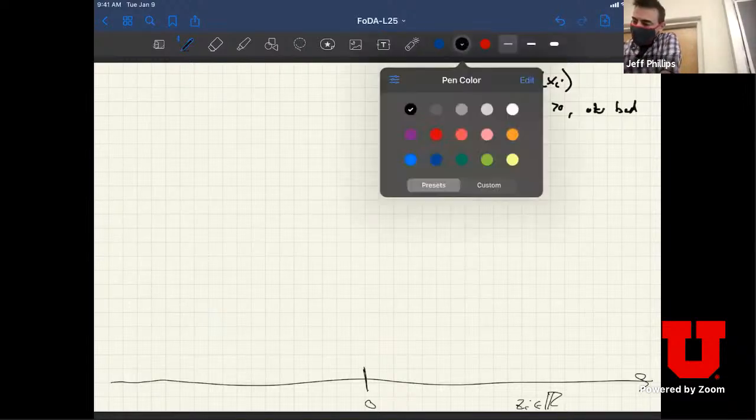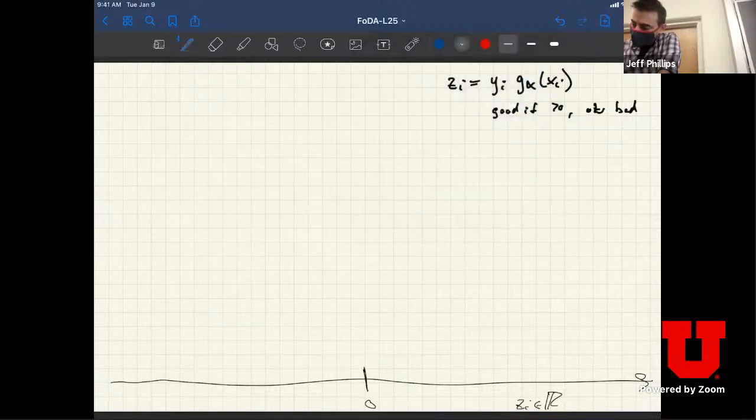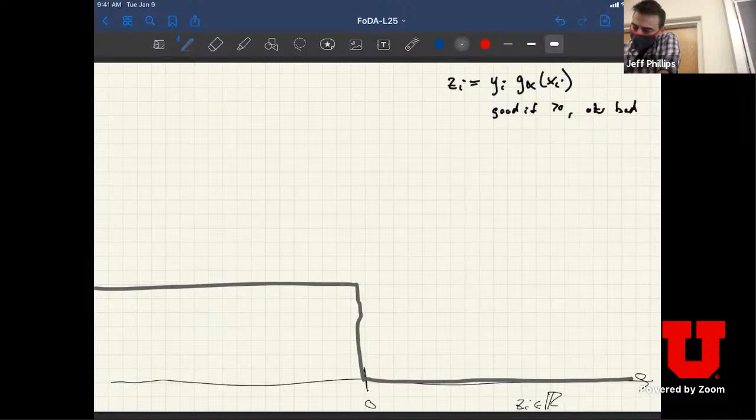And this delta function that we're going to want to approximate, this is going to be our delta loss function.